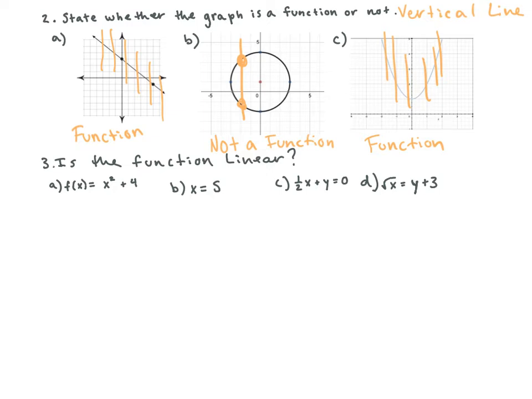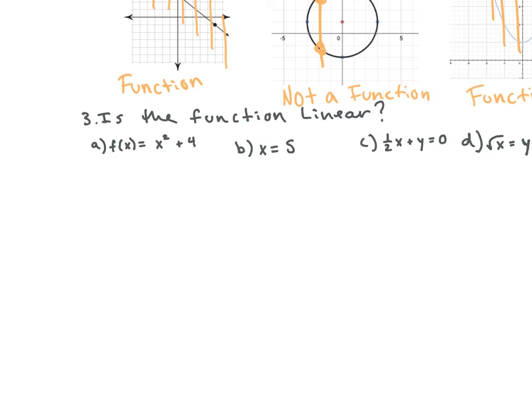Number 3, is the function linear? So here we have certain rules of what makes a function linear or nonlinear. If we see one of our variables with an exponent other than 1, it is not linear. Here, our x has an exponent of 1.